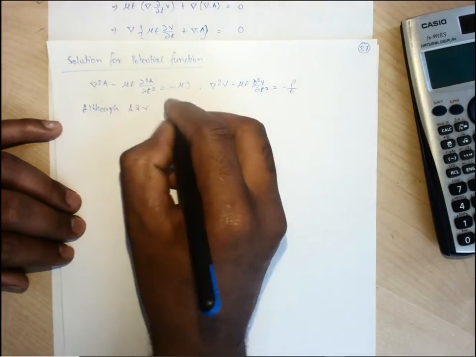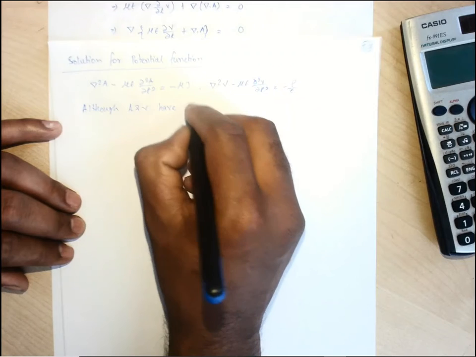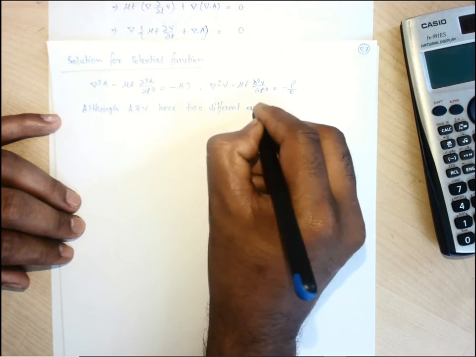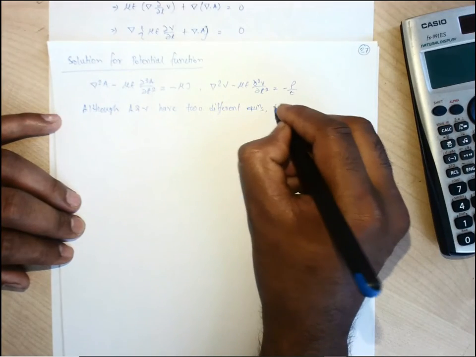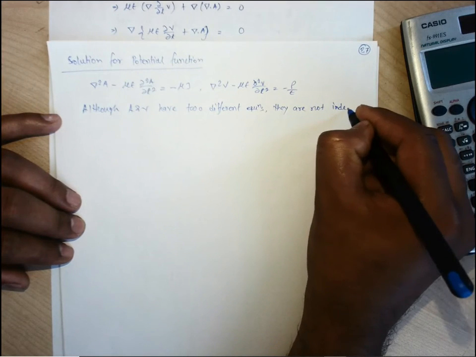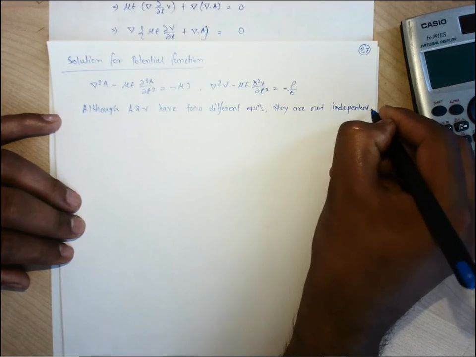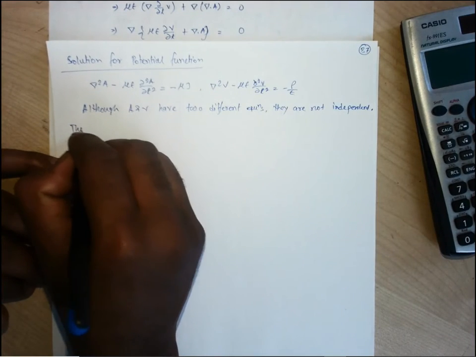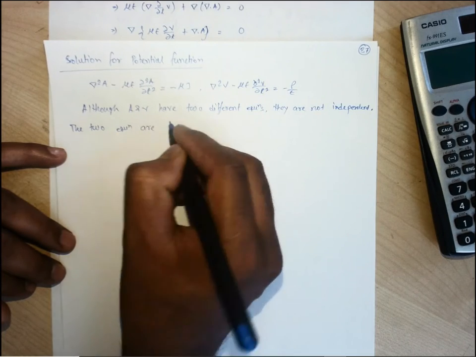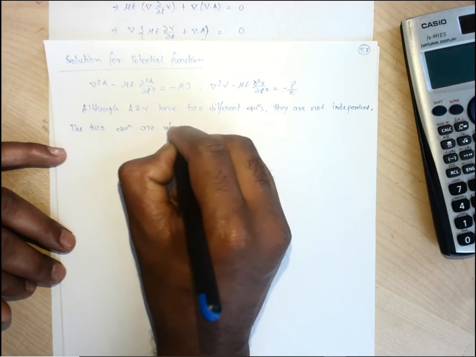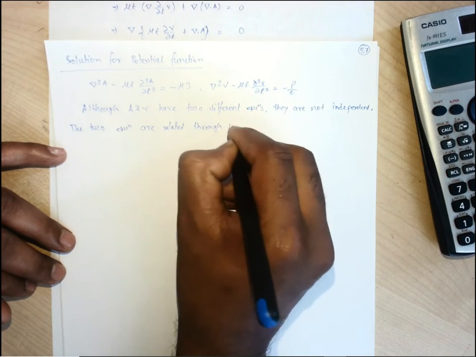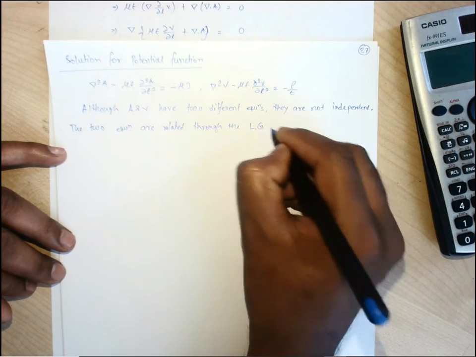Although A and V have two different equations, they are not independent. The two equations are related through the Lorentz-Gauge condition.